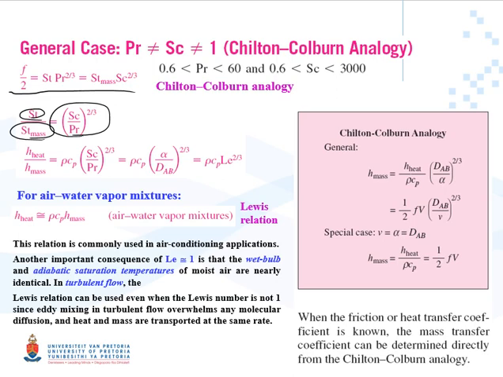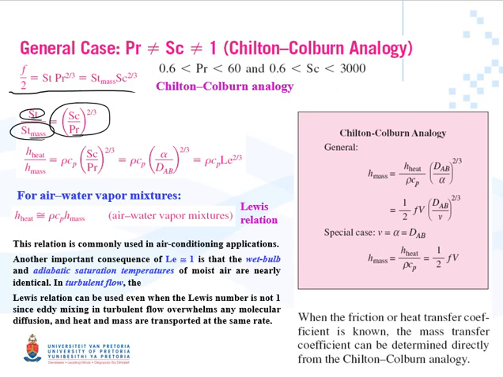As is mentioned here, this relation is commonly used in air conditioning applications. Another important consequence of Lewis number being equal to 1 is that wet bulb and adiabatic saturation temperature of moist air are nearly identical. In turbulent flow, the Lewis relation can be used even when the Lewis number is not 1, since eddy mixing in turbulent flow overwhelms any molecular diffusion and heat and mass are transported at the same rate.